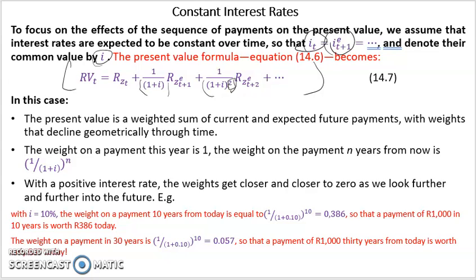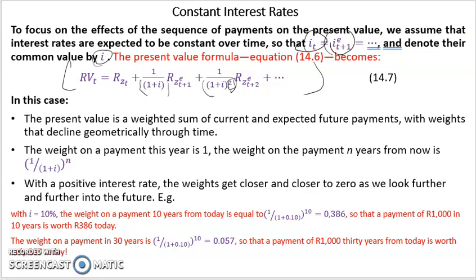In essence, in this case, the present value is the weighted sum of the current and expected future payments, with weights that decline geometrically through time.